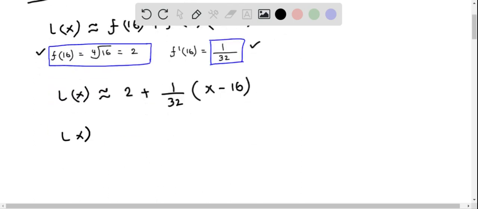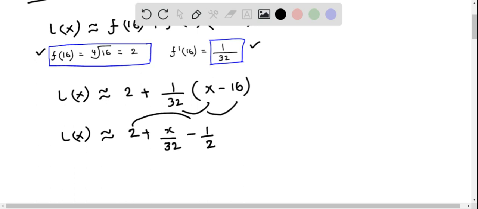I distribute the 1 by 32 with x as well as with the negative 16 inside the brackets. 1 by 32 times x is x over 32, and 1 by 32 times negative 16 is negative half. We can combine 2 minus 1 by 2, which is 3 by 2. So L of x is approximately 3 by 2 plus x over 32.